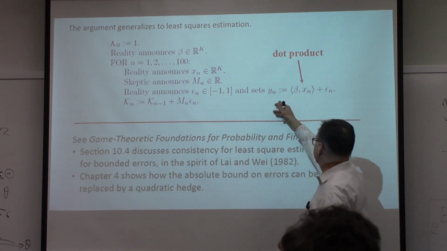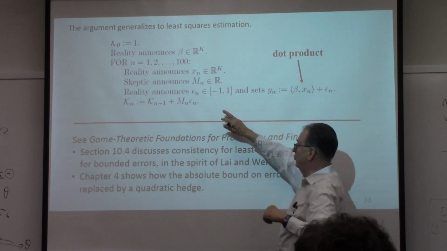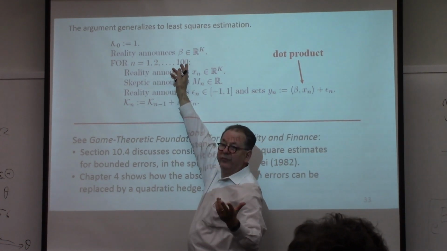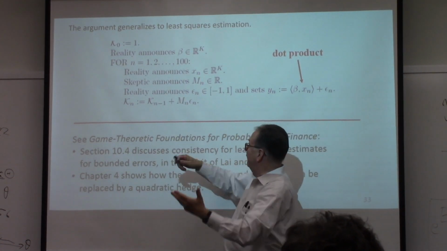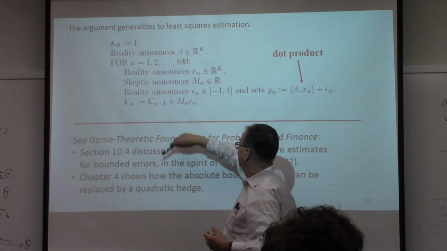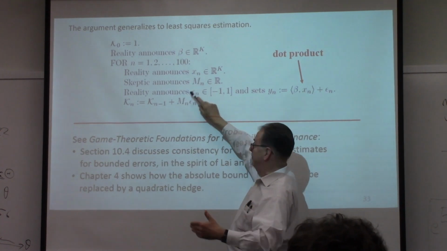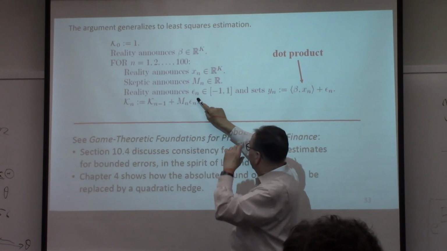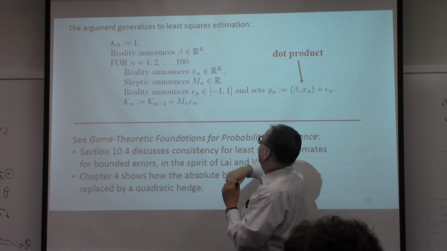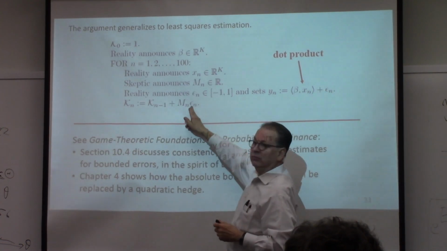That's what this equation says, except it's indexed with n because you do it 100 times. So reality first announces the regression coefficients, then announces the independent variables, then skeptic makes a bet, and then reality announces the error, and skeptic's bet is a bet on the error.